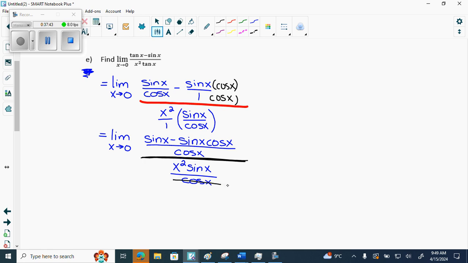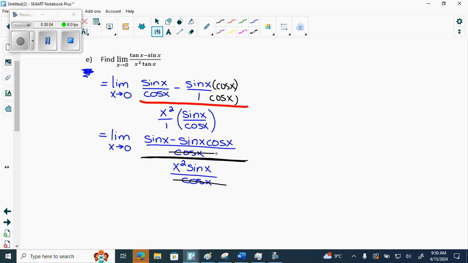Fun fact, we can cross these cos x's off. Why? Because you're making a sandwich, you can just get rid of this. Or it's because you end up actually inverting and multiplying what you're dividing by and they cancel. So that's why. But you can just do that.